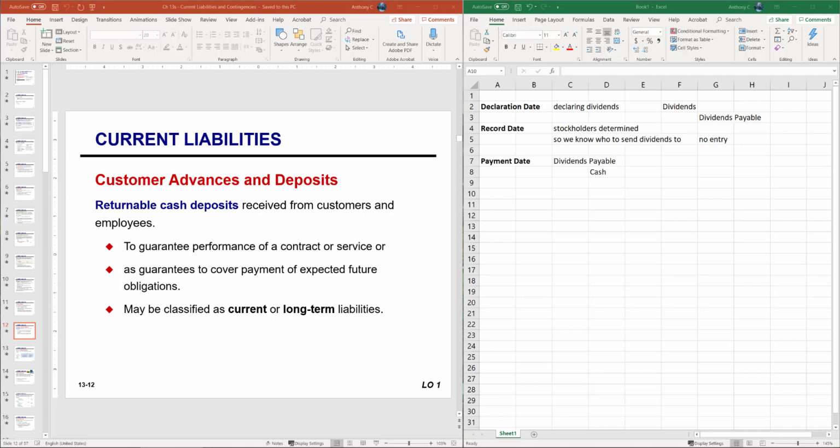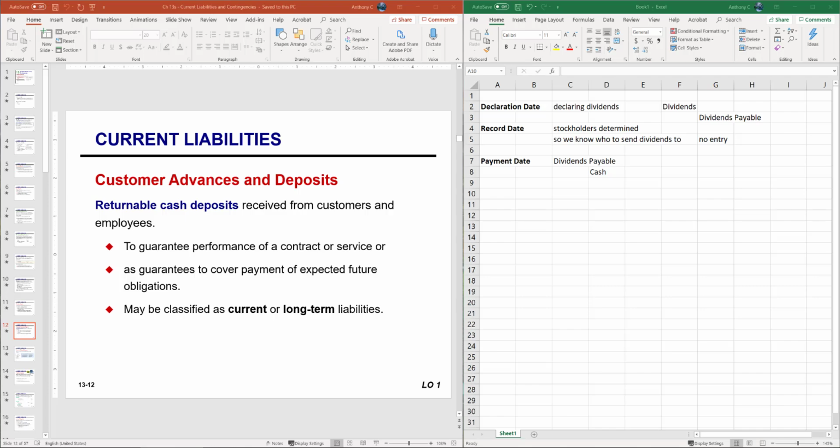The security deposit guarantees payment to the landlord in case you damage some of the property while you're renting. However, if you don't damage the property, the security deposit gets paid back to you as the renter.